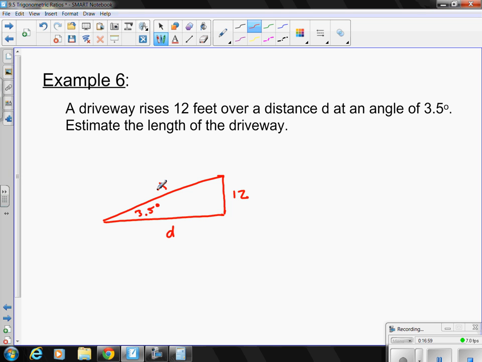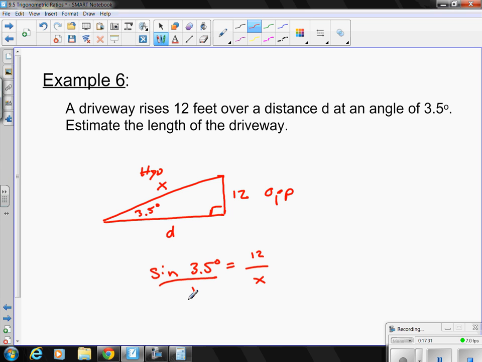So in order to find that, we're going to set up a ratio, and I want to find this. That's my hypotenuse, and I know my opposite side. So what compares opposite and hypotenuse? And I can do this pretty fast, but it's the sine. The sine of 3.5 degrees is going to equal my opposite over hypotenuse.